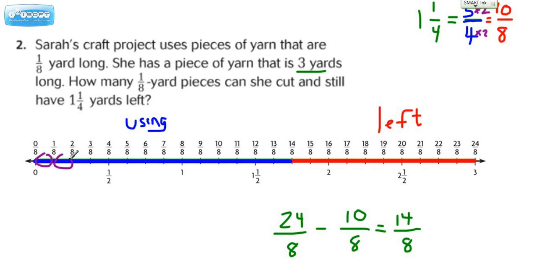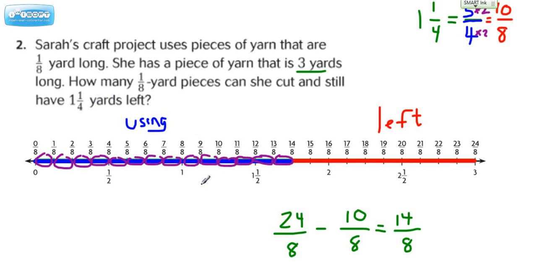Here's a group of 1/8. So now we have 3. Now we have 4, 5, 6, 7, 8, 9, 10, 11, 12, 13, 14 groups of 1/8, or 14 pieces of yarn that are 1/8 yard long.